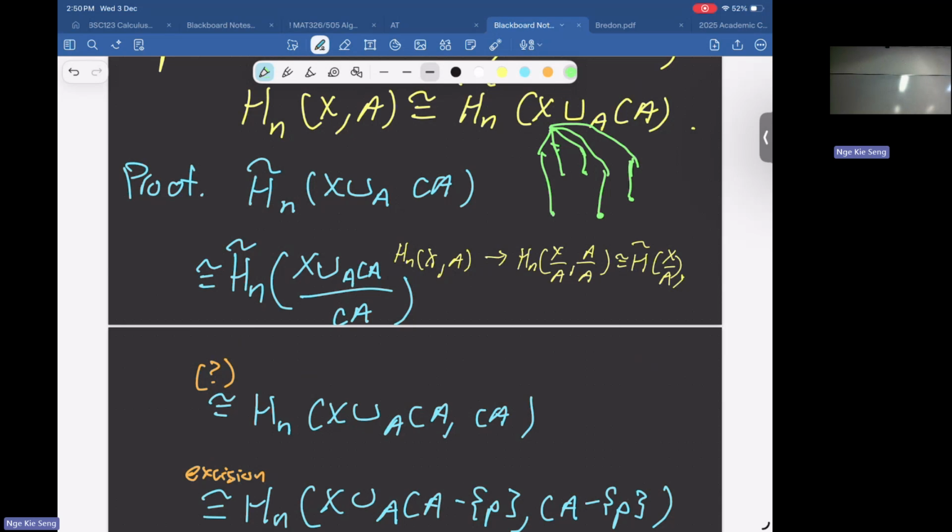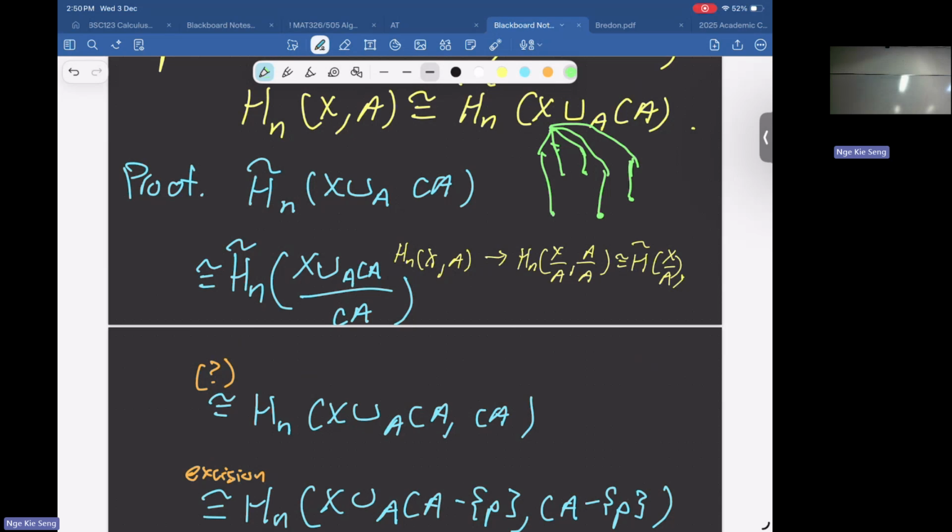So you are quotienting out by a point. Does it make sense? You quotient out by the point.